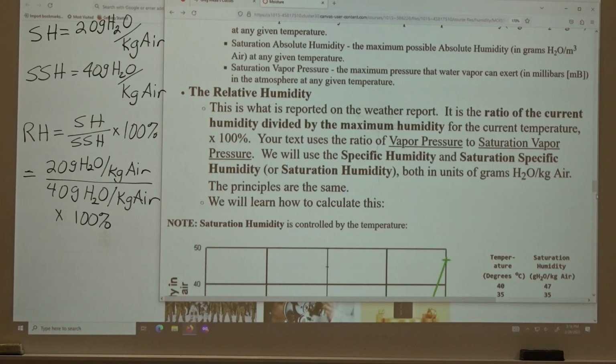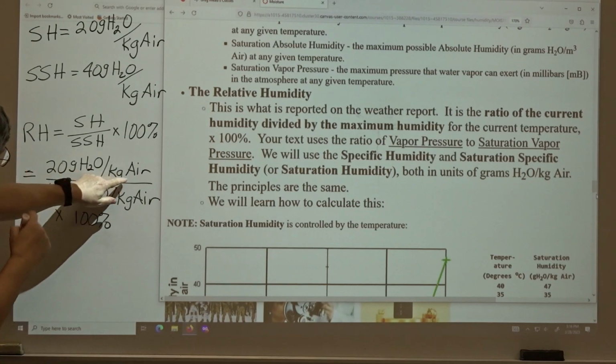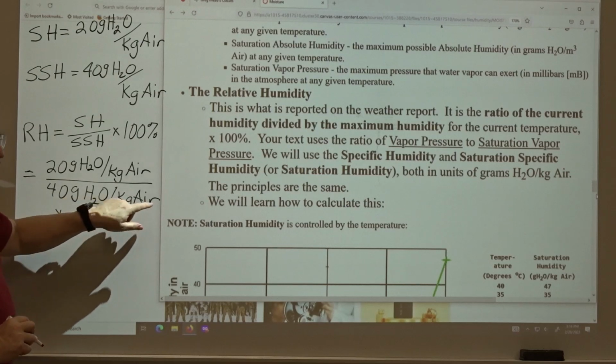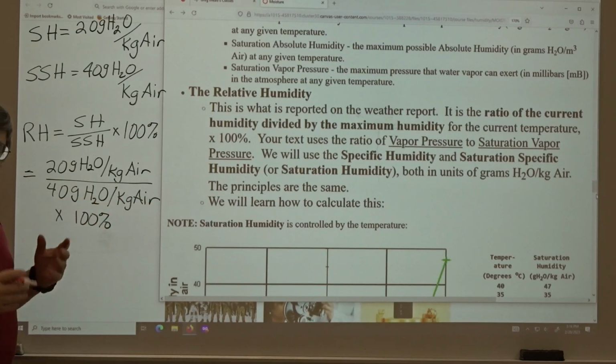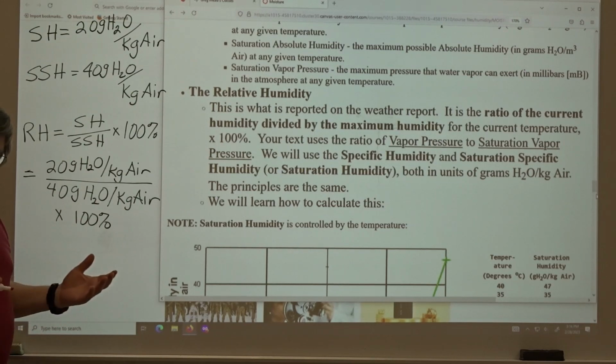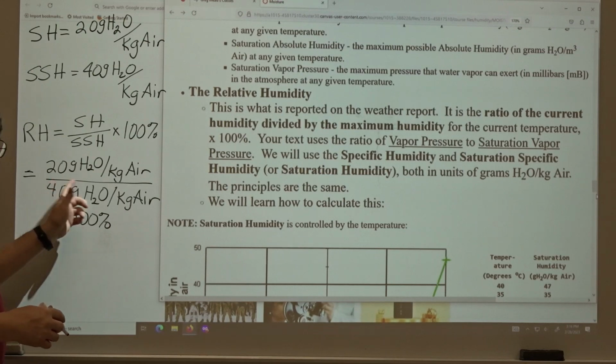I want to show you a few things to notice about this. First of all, notice that grams of water per kilogram of air is present both in the numerator and the denominator of this ratio. And you know that when you have the same thing in the numerator and the denominator, that can cancel out. That's not only true for numbers, that's true for units as well.